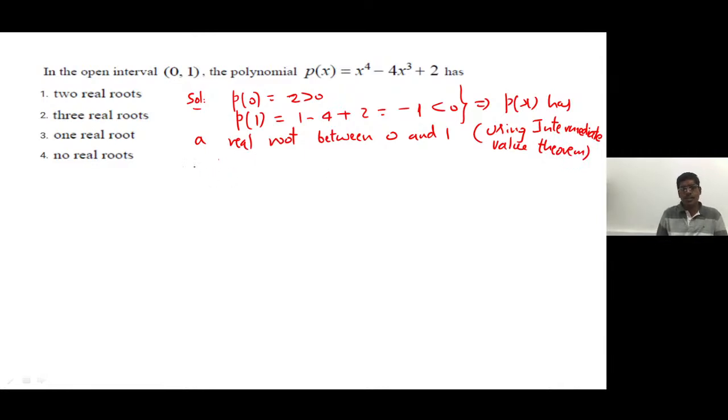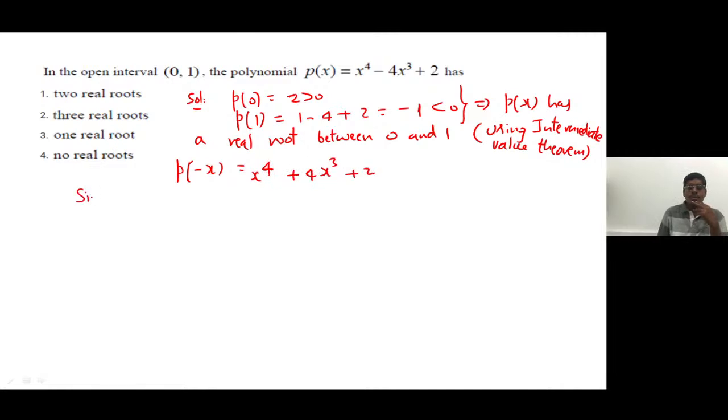Now let us look at whether it is only one root or 3 real roots later. So there is Descartes' rule of signs. So first find p of minus x. Putting x equal to minus x, you will be getting x to the power 4 plus 4x cube plus 2.